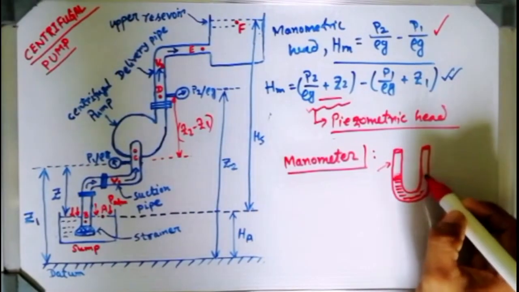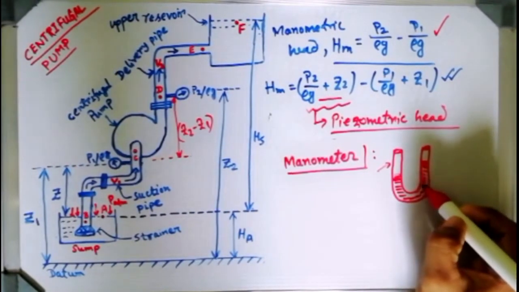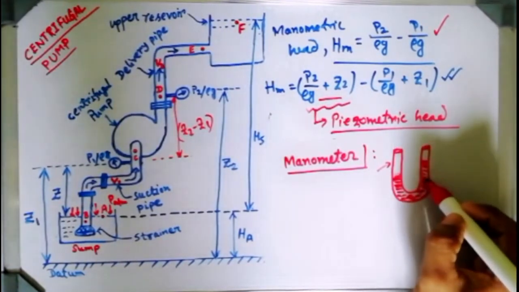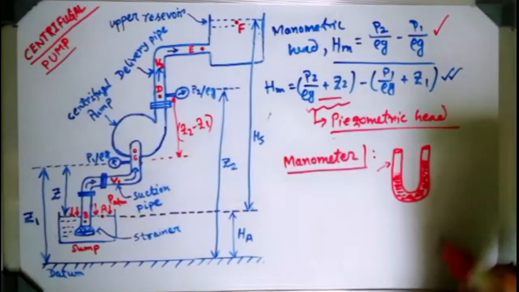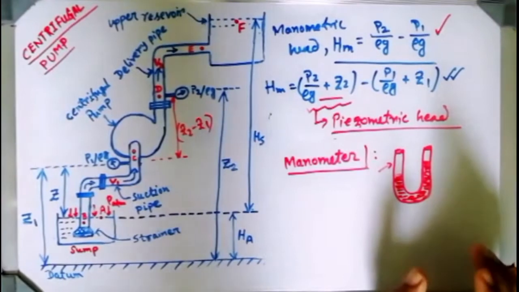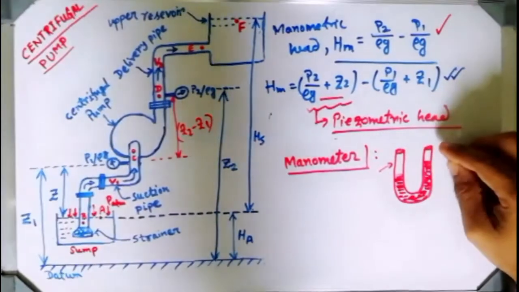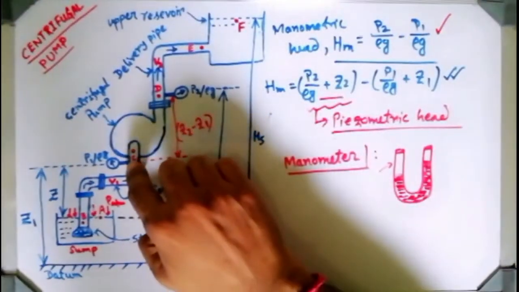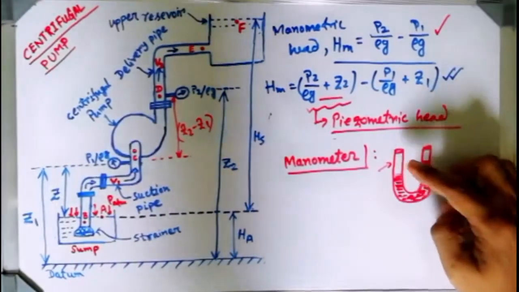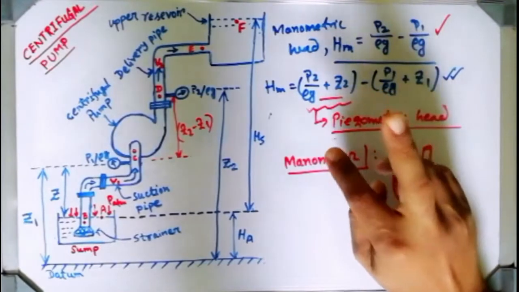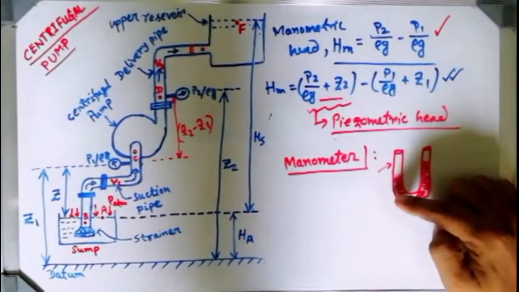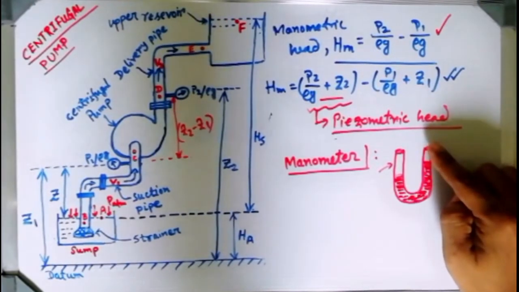Most of the time the manometric fluid is considered to be mercury, because mercury is a very good manometric fluid. Lots of properties are there for mercury, and I am not going to discuss all of them. If you connect this device at the P1 pressure gauge and the P2 pressure gauge, then depending on the difference of pressure, this manometric fluid on one side will be depressed and on one side will be higher, isn't it?